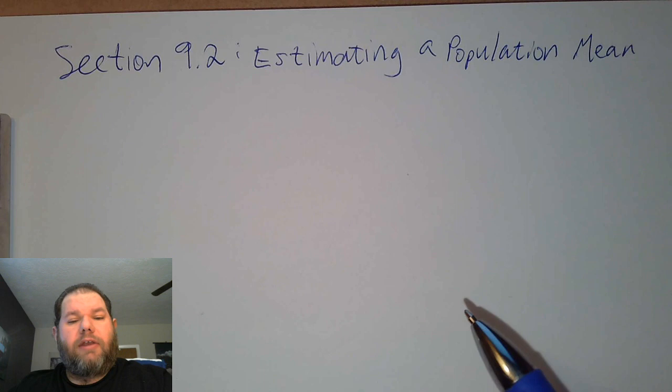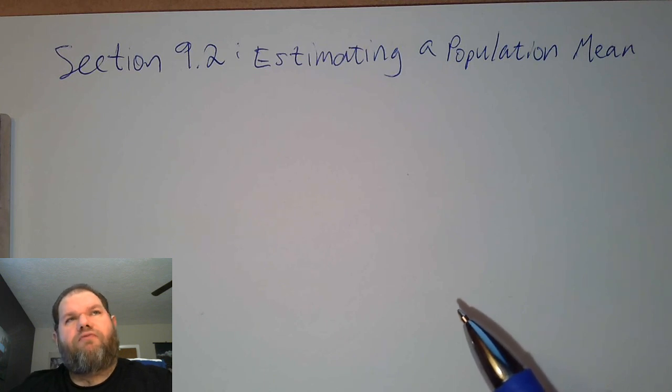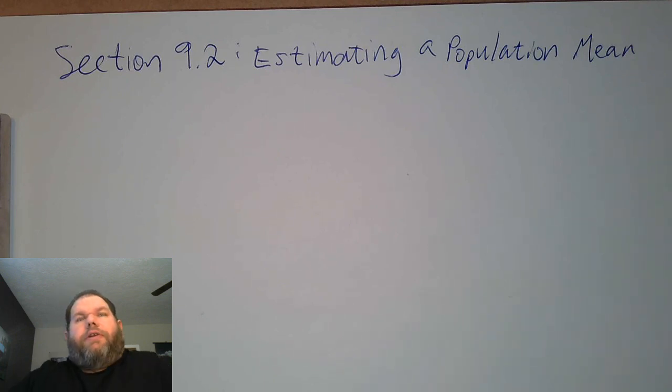Can we use that to estimate roughly what the population mean is going to be? And the answer is yes. X bar is already an estimate of mu.